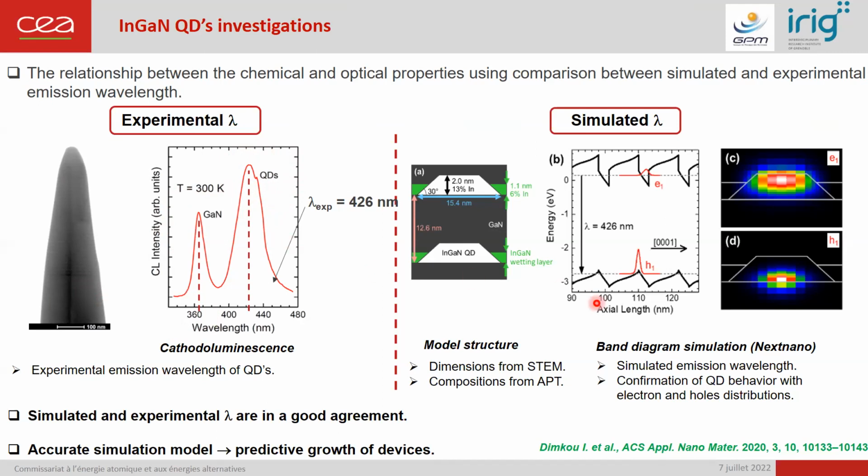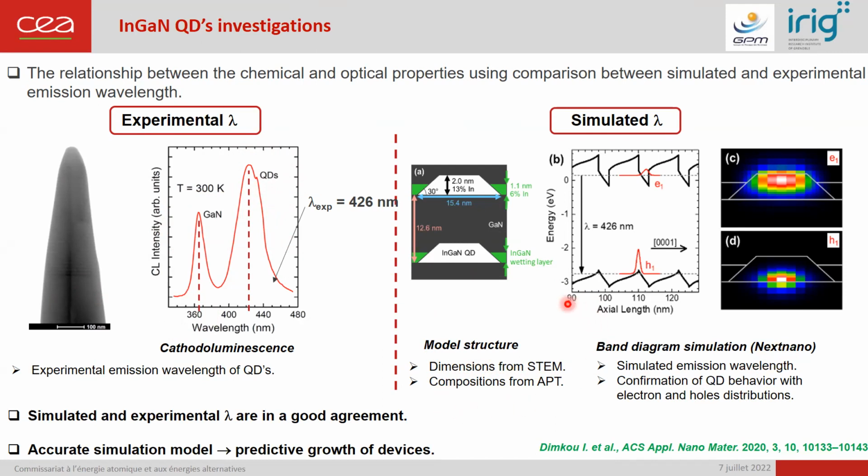Then, the band diagram of these structures has been simulated using NextNano software and using a model structure that takes into account dimensions from STEM and compositions from atom probe tomography.